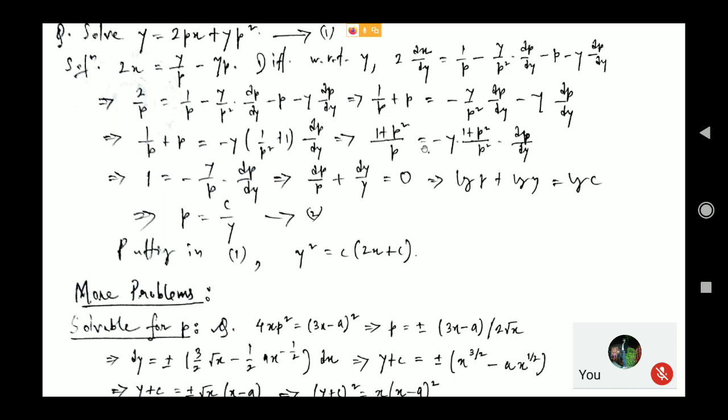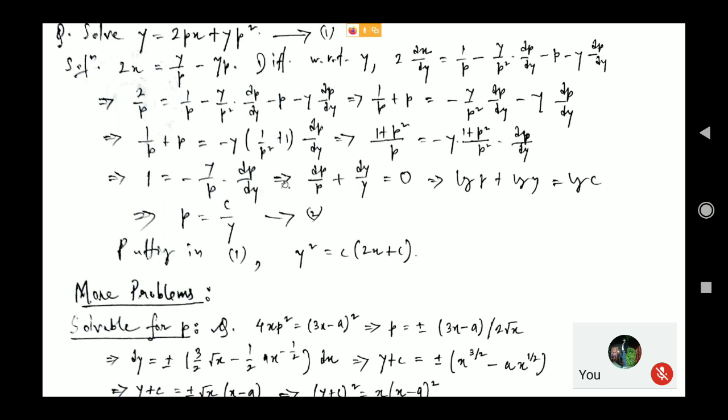So calculation is up to you how you simplify it. That you will check at home. Maybe there are some easier steps. So from here, this expression gets cancelled. 1 plus p square by p, 1 plus p square by p. This one gets cancelled. So what remains is this: 1 equal to minus y by p into dp dx.